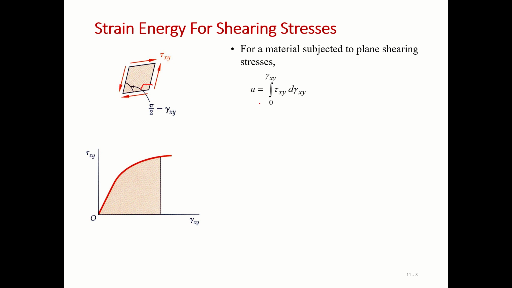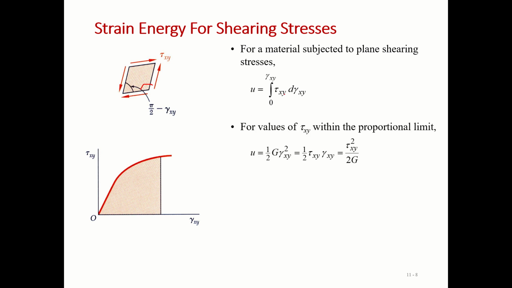Just like Hooke's law for the normal stress, we can find the strain energy density for the shear stress as well. So tau is the shear stress and gamma is the shear strain. From Hooke's law for the shear stress, tau xy is directly proportional to the shear strain, with the constant being the modulus of rigidity.